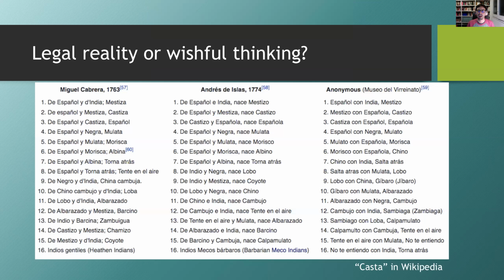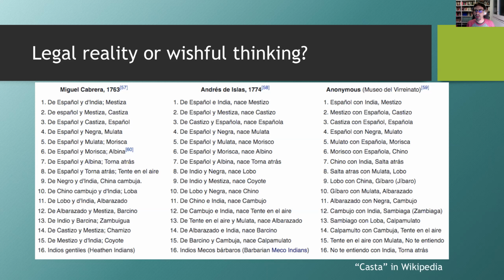So it's difficult to say, are we talking about legal reality, or is it painting that reflects some sort of wishful thinking, some sort of depiction of how New Spain should be? I think that ethnicities were much more muddled, and it was very clear who was white and who wasn't. But beyond that, it was a more difficult thing to really tackle. So here you see three different paintings and all the different combinations and definitions that arose.